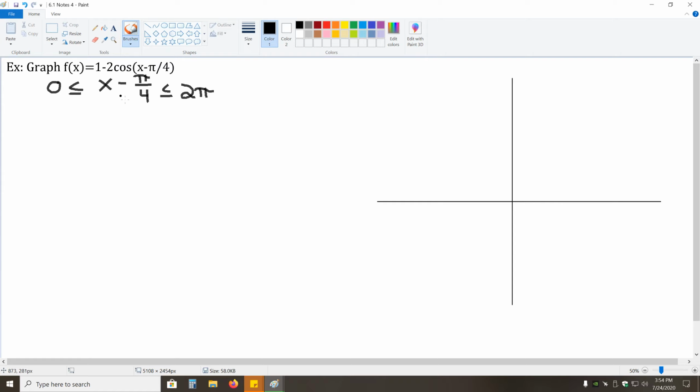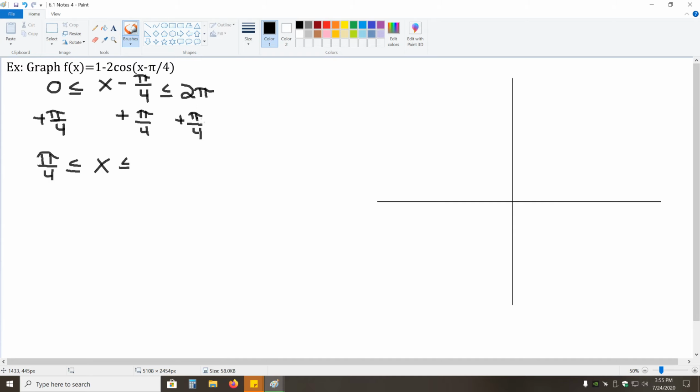And we're going to solve for x. We'll do that by adding pi over 4 to all 3 values in this inequality. And when we do this, we get pi over 4 is less than or equal to x, which is less than or equal to 2 pi plus pi over 4.